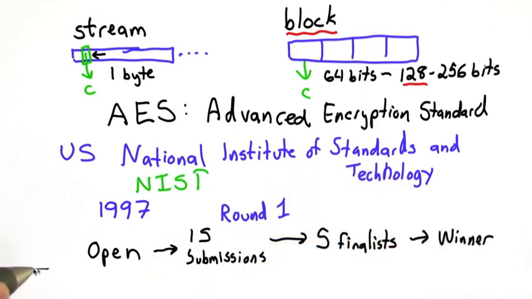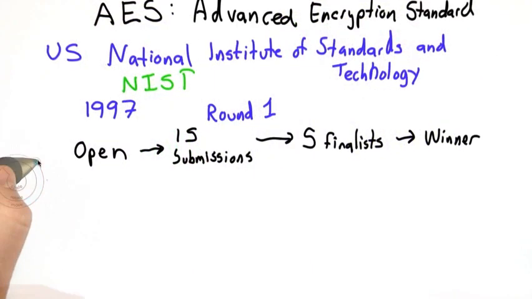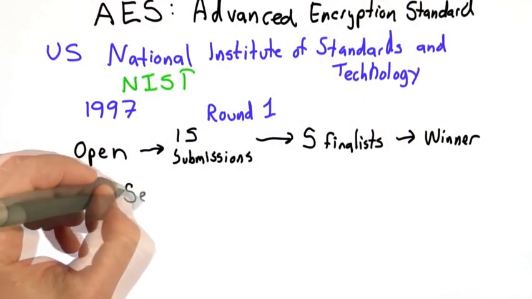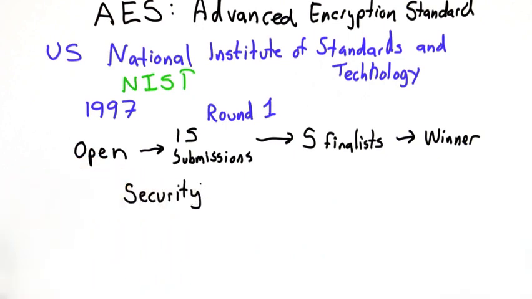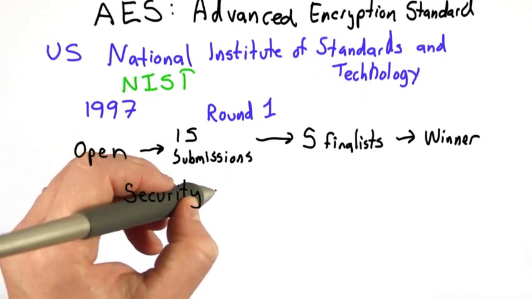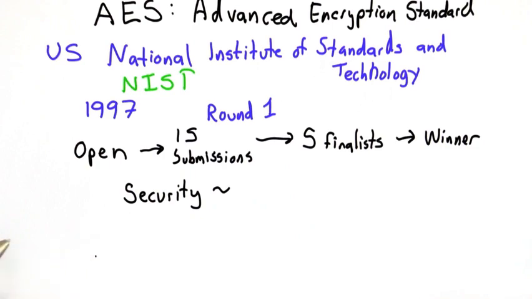The main criterion for selecting the winner of AES was the security of the ciphers. And this is really the hardest thing to measure. We've seen that other than the one-time pad, provable security is not achievable for most ciphers and not achievable for any cipher that was a candidate for AES. The way this was measured was by trying to estimate the security.